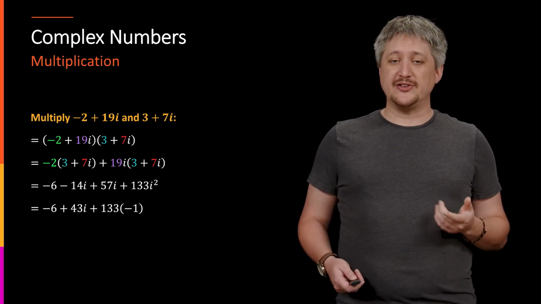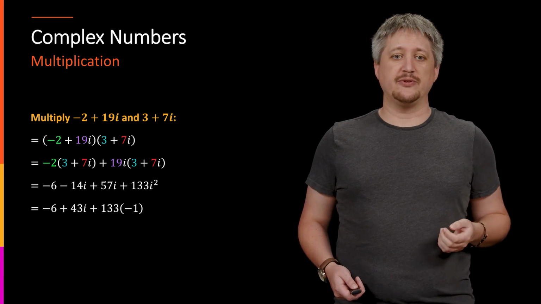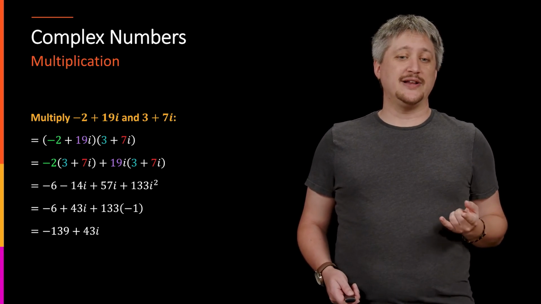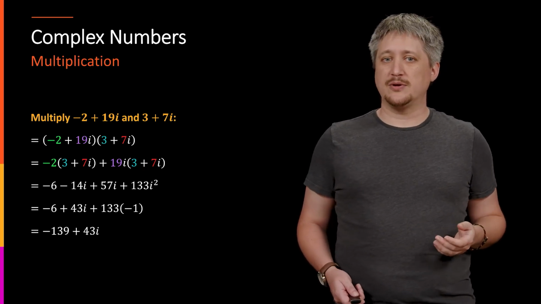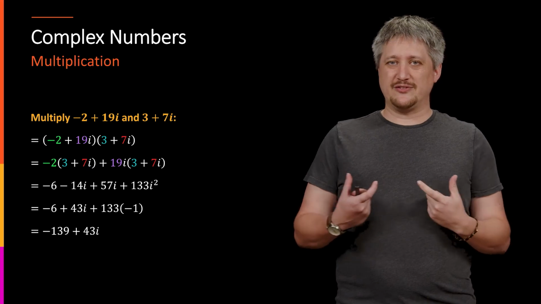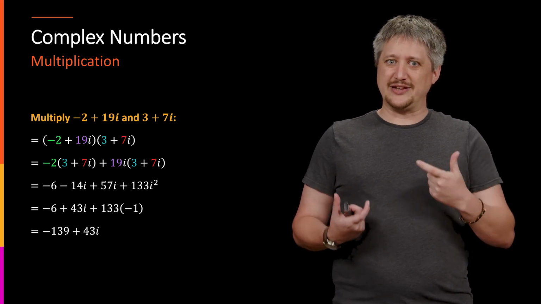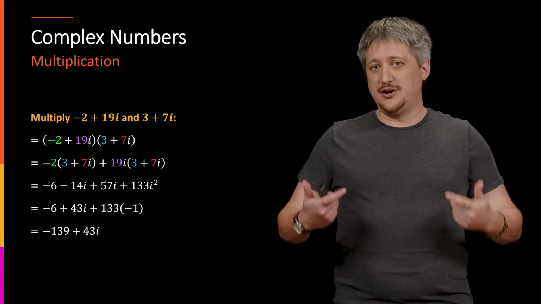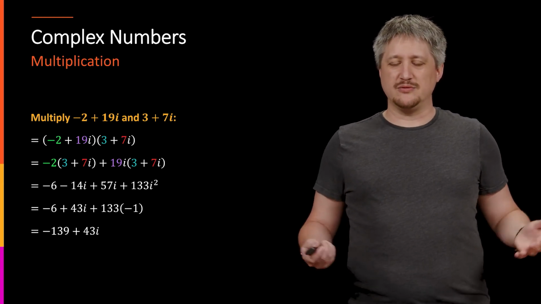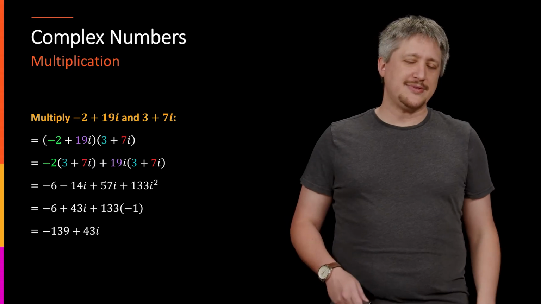I can put the i terms together, which I did here with the 43i, and then I can put the two real parts together and get that -139 plus 43i, okay? So again, with complex number multiplication, you have that tricky first step where you have to distribute everything out, but after that it works pretty typically, like the other versions.